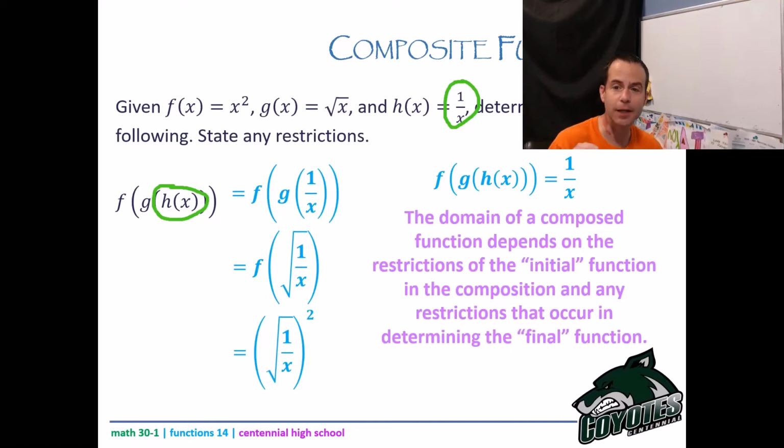The domain of a composed function depends on the restrictions of the initial function in the composition and any restrictions that occur in determining the final function, okay? So my overall restrictions are still going to be x is greater than 0 there, even though that root has simplified away. Because it existed in the process, I can't have a negative because it would stop that process, okay?